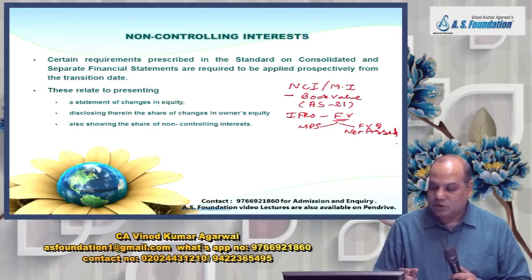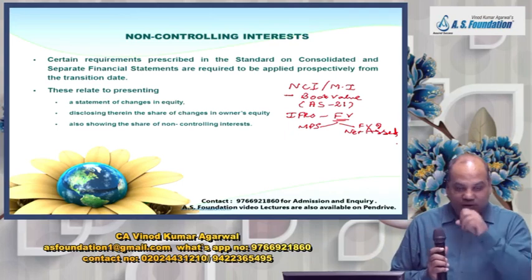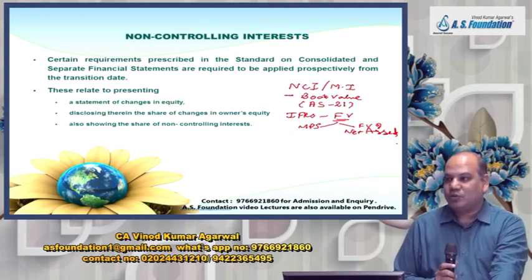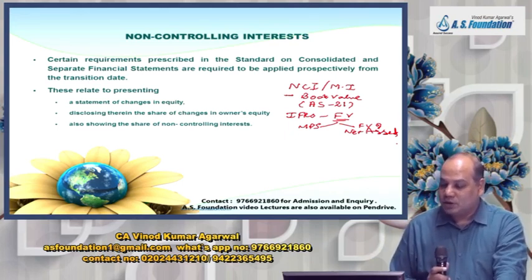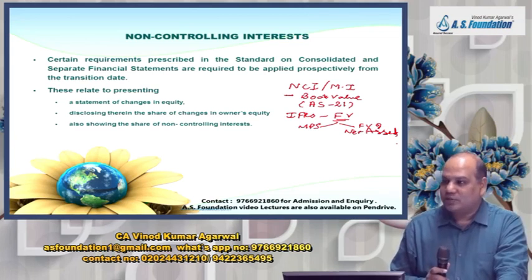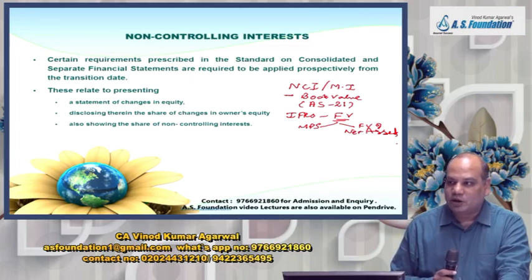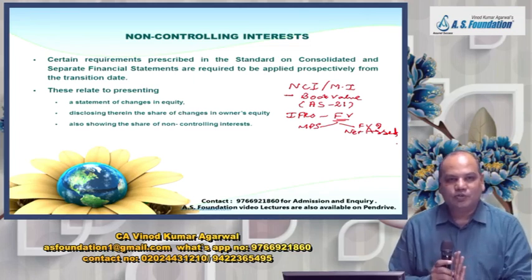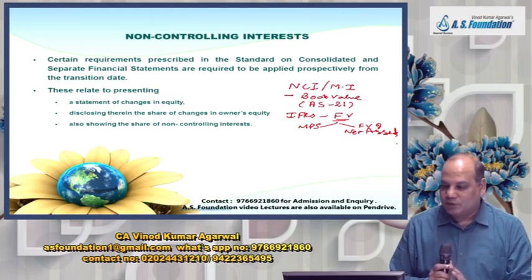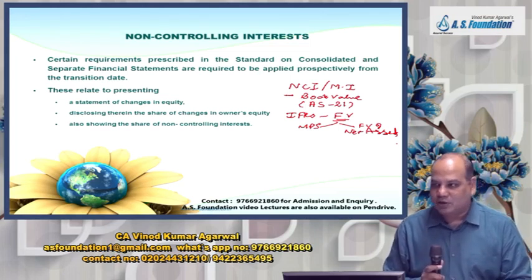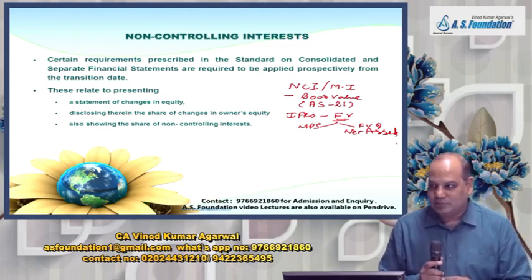It is not only difficult, it is also a very costly affair, because valuation experts will have to be appointed, and then they will try and find out the value. But management will be reluctant to pay unnecessary fees for such exercises. So therefore the standard gives a mandatory exemption. Okay. NCI, whatever amount is appearing, you continue with that.